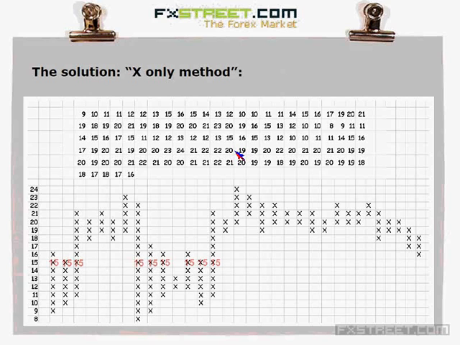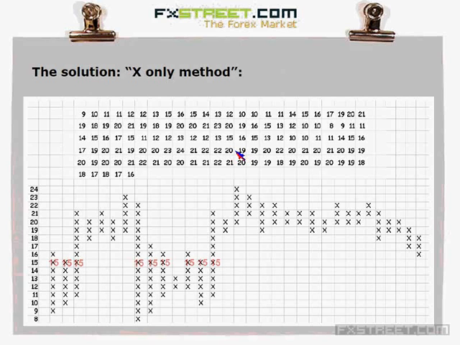Okay, here you see the X-only method, which is called the X-only method. Initially, we had all the boxes filled with an X, and in some versions of older charts, you will find that the key numbers or round numbers, usually 5 or 10, in distances of 5 or 10 or hundreds, you will see the 5 or 0, or even the figure printed in those boxes.